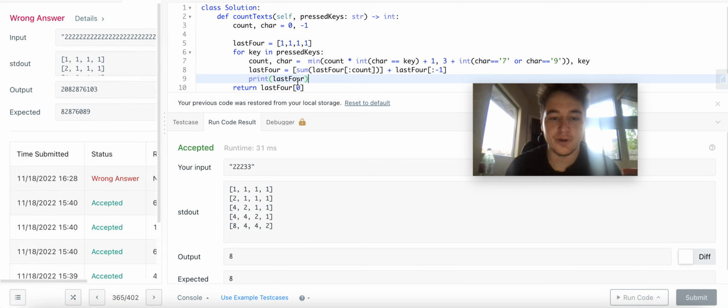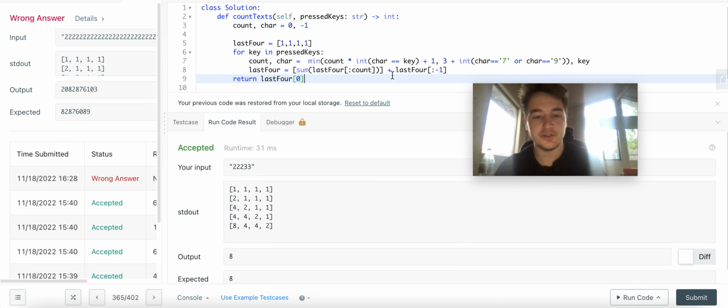It's going to give me an output error because I forgot to do this. And I also forgot to do what I always forget to do, which is mod this by 10 to the 9 plus 7.